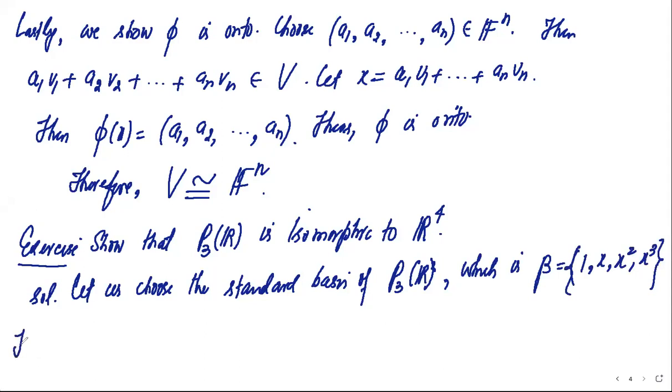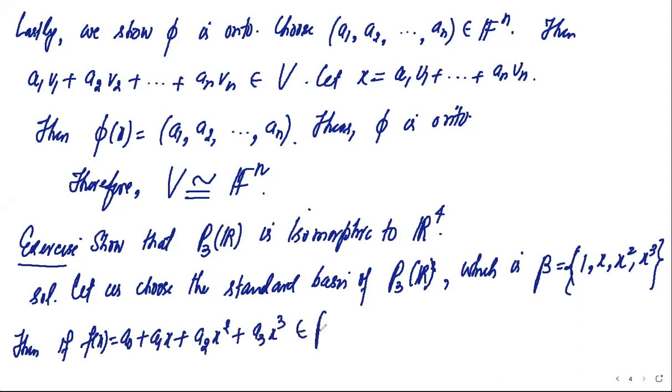Okay, then f of x is equal to a0 plus a1x plus a2x square plus a3x cube. Suppose this is a polynomial in P3(R).